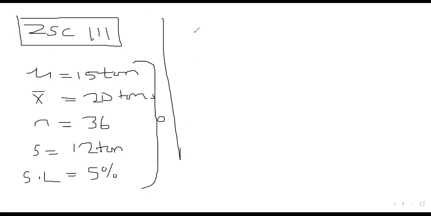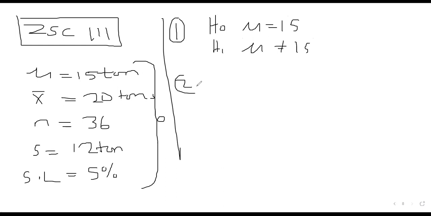We cannot say yes or no until we follow the hypothesis testing procedure. So, step one, state the hypothesis. Our mu, the historical mean, is 15 tons. And here we say it is not equal to 15 tons. Obviously, it's 20 tons, but we want to see the difference. Second step, state the level of significance, which is 5%. Step 3, state the decision rule.